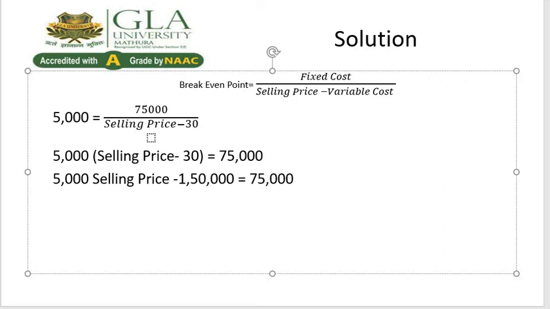In this situation, now 5,000 selling price equals 75,000 plus 1,50,000.